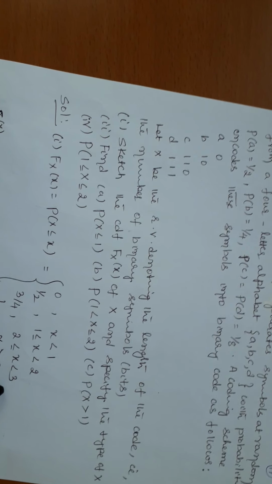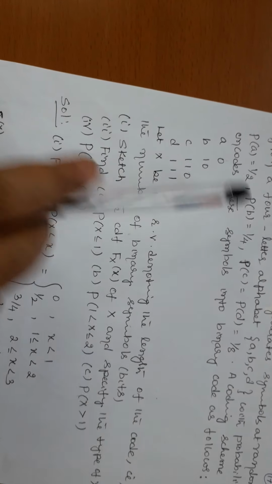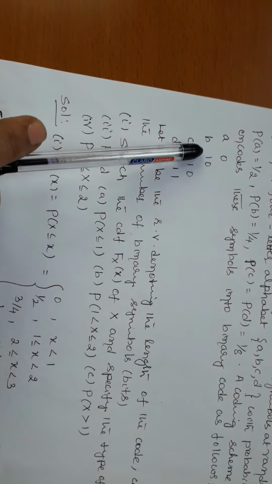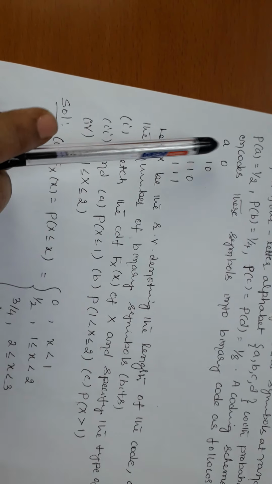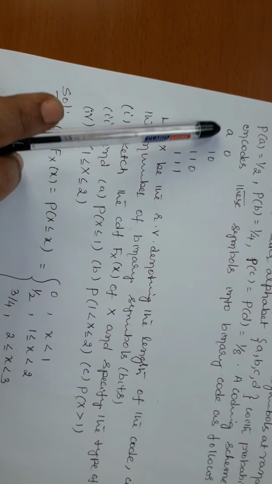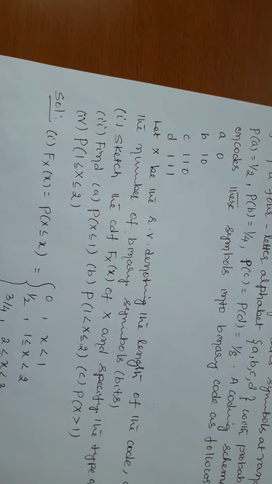What is the probability there? 1 by 4. Starting from 1 to less than 2 it is 1 by 2. Take the sum of that, because cumulative probability means taking the sum of the previous values. 0 plus half is half.